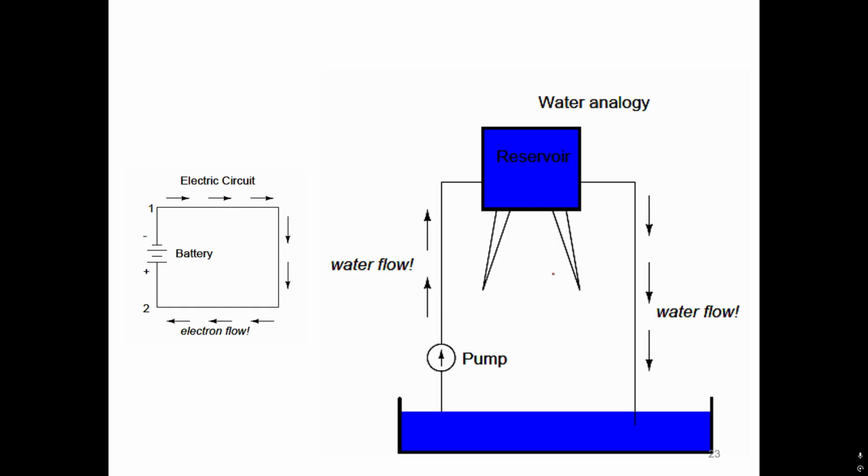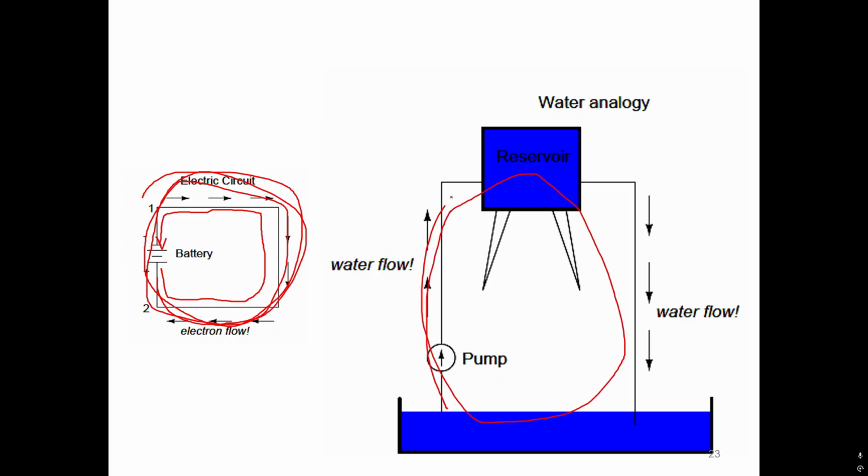This is what happens in an electric circuit also. For example, here current will start from positive, I am using conventional current, to the negative terminal. The current will keep circulating through the circuit like this, just like water keeps circulating through this system. Okay, so this is an example for voltage.